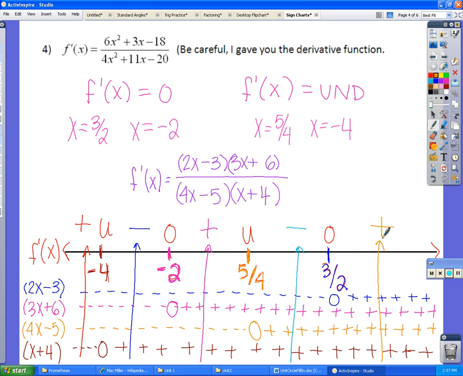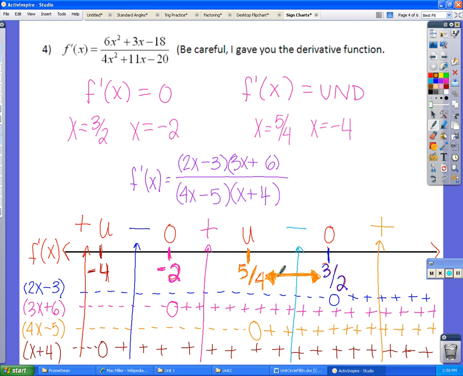Otherwise, you would probably see my answer look more like the top part of the sign chart. You won't see every single factor shown, but this is a way that you don't have to worry about trying to find a number between 5/4 and 3 halves, because that's 1.25 and 1.5. So having to use, say, 1.3 or 1.4 can be difficult for some of you.